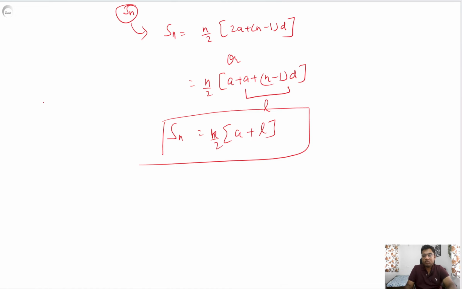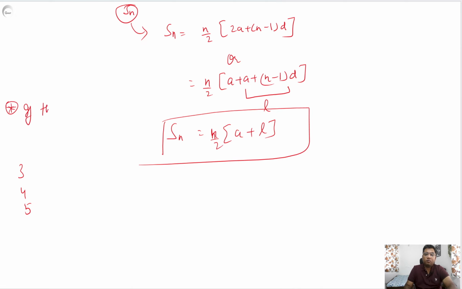So in a situation where the sum of 3, 4, 5 terms is given, this is the only part which is there in your syllabus. You don't have to know about 2 terms, you don't have to know about 6 terms, only 3, 4 and 5 terms. And so I will write how the question will go.